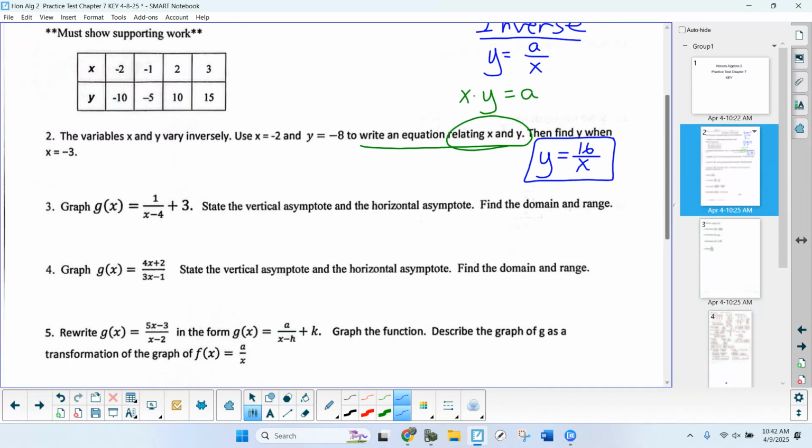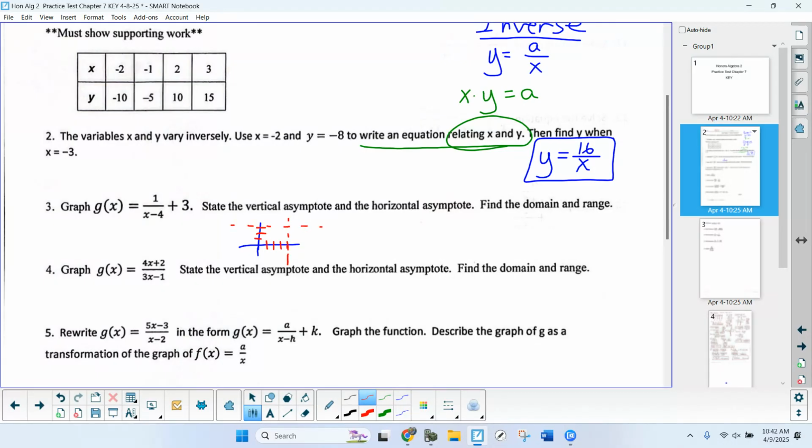Okay, number 3, state the vertical asymptote and the horizontal asymptote. How do we know where those are? Which way did it shift? Right 4 and up 3. So my asymptote shifted right 4 and up 3.